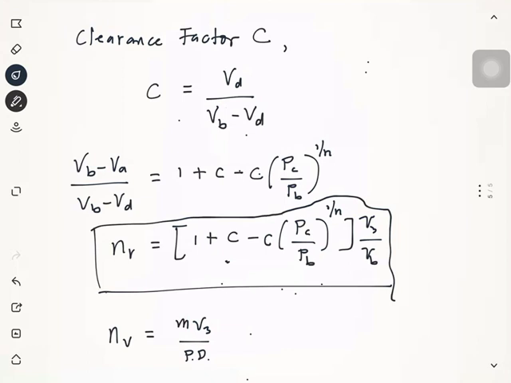So in the theoretical cycle for vapor compression, the volumetric efficiency is always considered as 1. So you have the piston displacement, you have this mass times the V3, this specific volume V3 is the specific volume at the suction point 3. Okay.